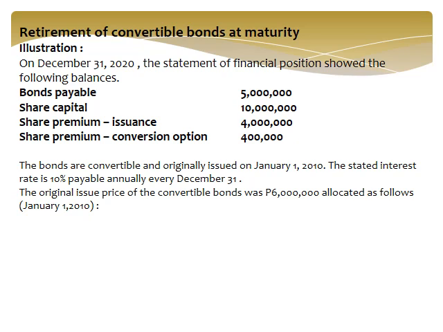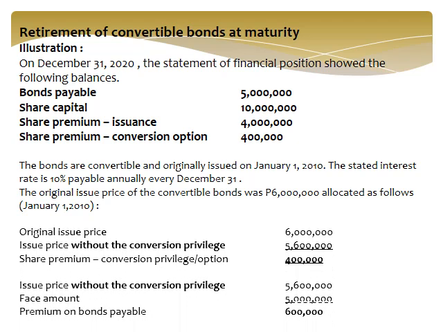On January 1, 2010, the stated interest rate is 10%, payable annually. Nung original issuance, noong January 1, 2010, the original issue price is 6 million. And that original issue price dapat na-allocate sa equity and liability. Upon issuance, ang issue price daw ng liability is 5.6 million. Given niya yan.